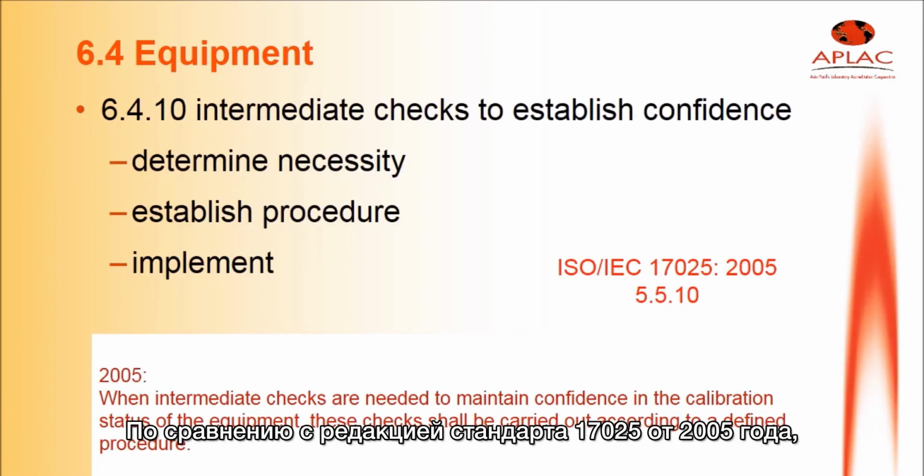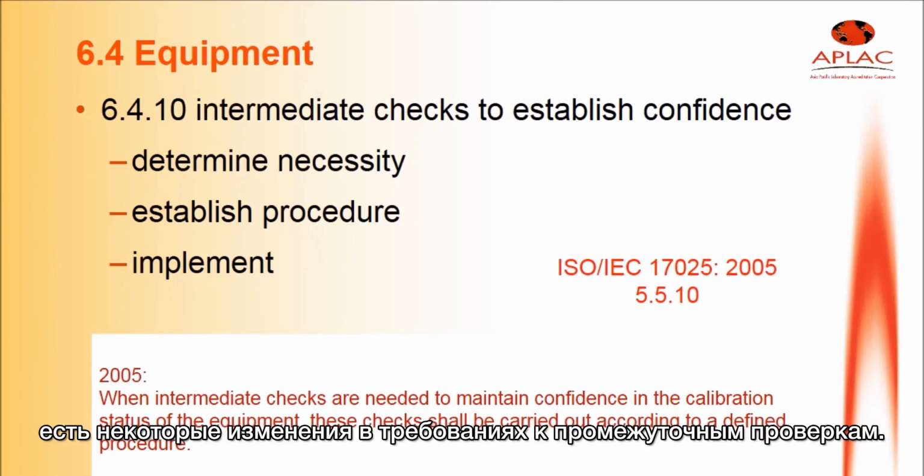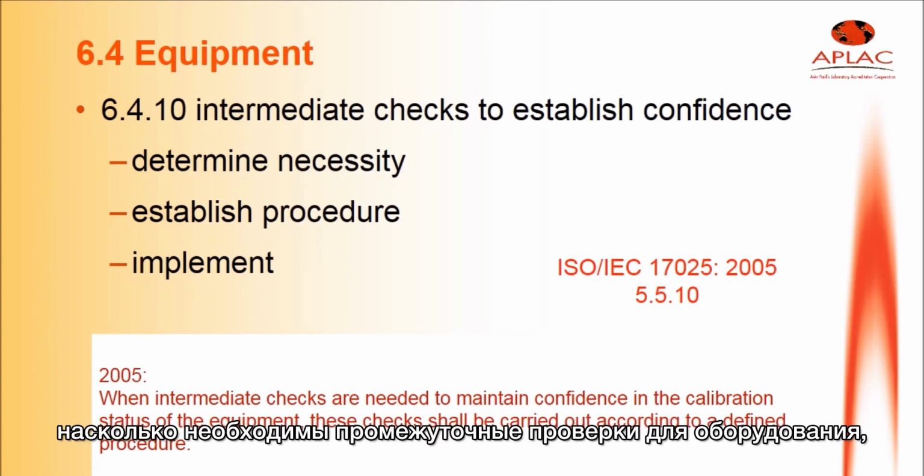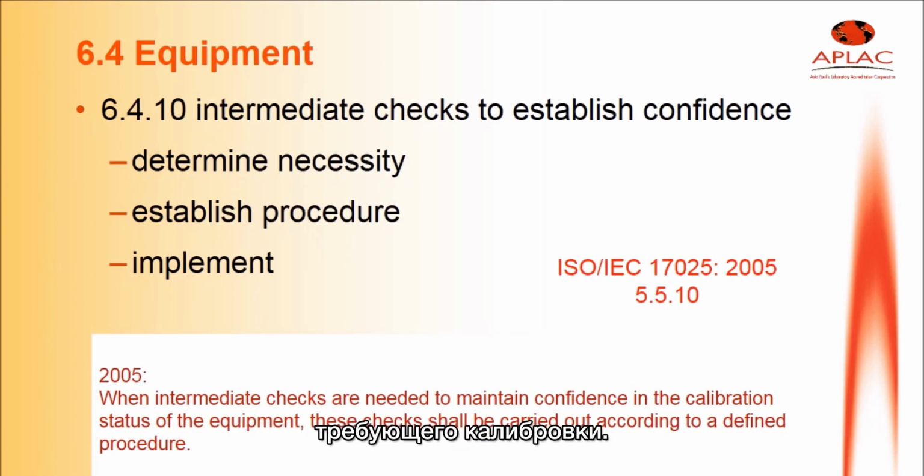Comparing with the 2005 version of 1725, there is a bit of change in the requirement of intermediate check. In the 2005 version of the standard, the laboratory only needs to consider whether intermediate check is necessary for equipment requiring calibration.